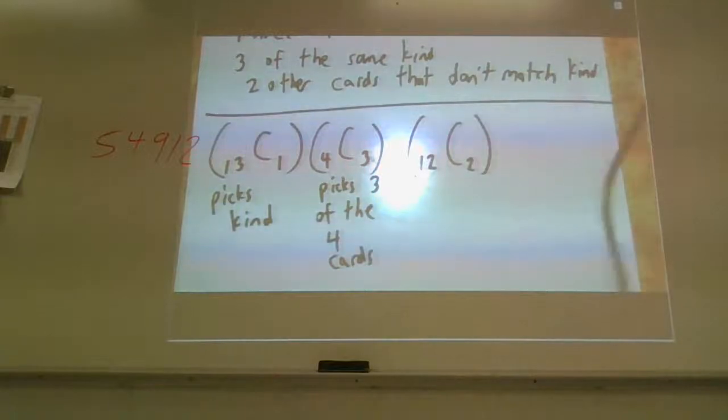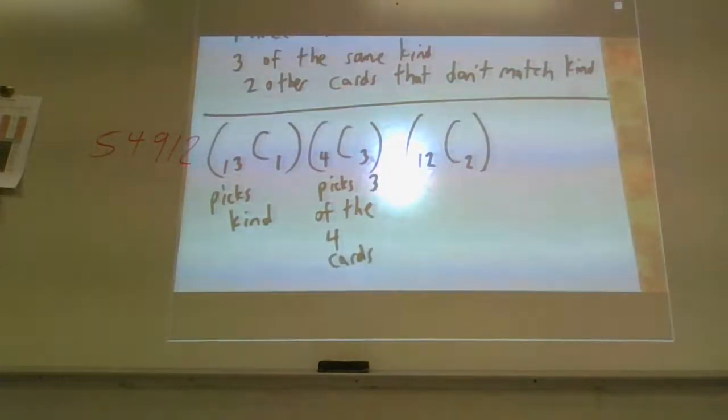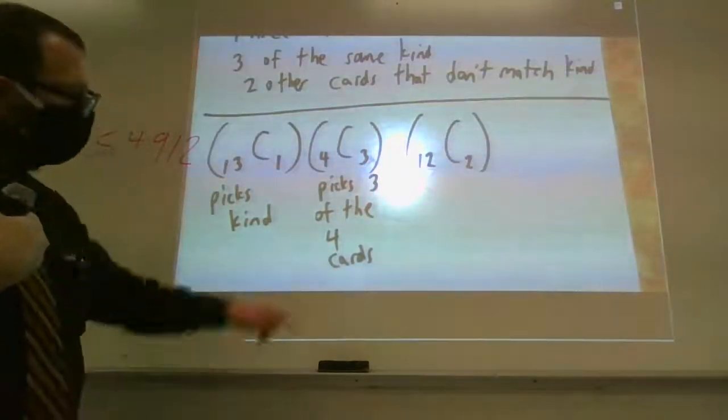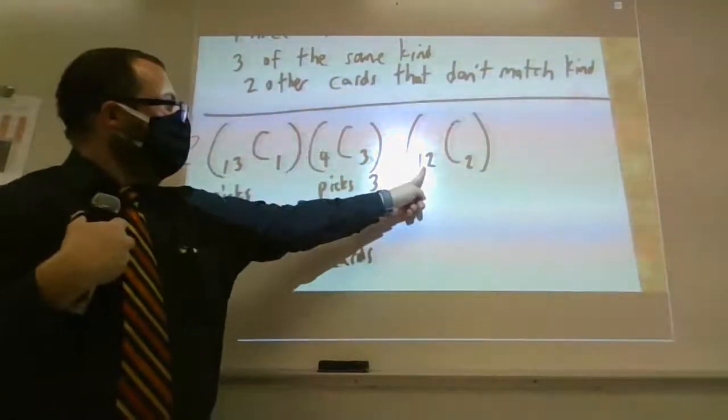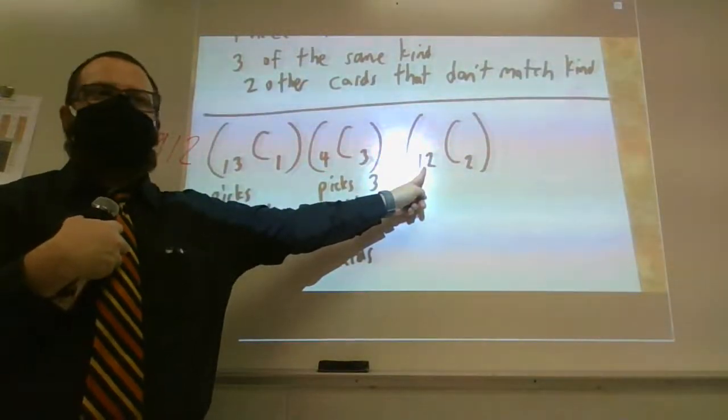I want to talk about why that is. So now, if I have that combination, I want to ask you a couple questions. What in the heck does this number represent?